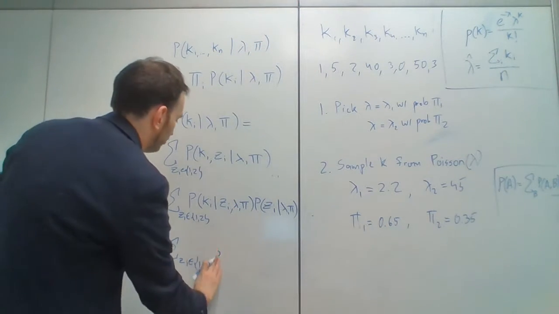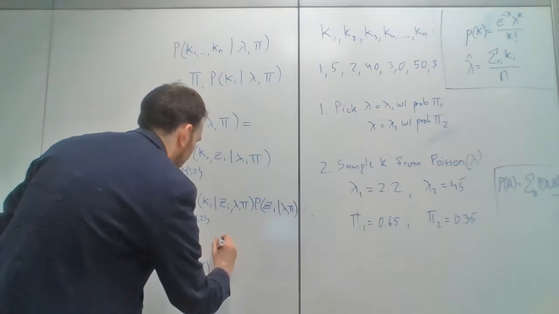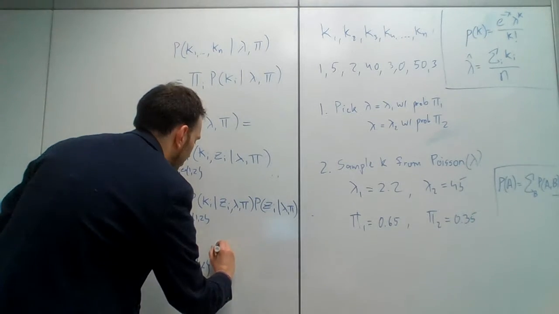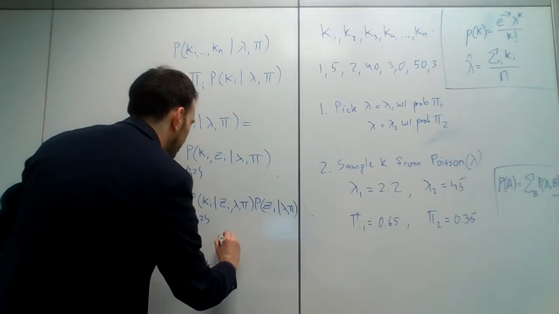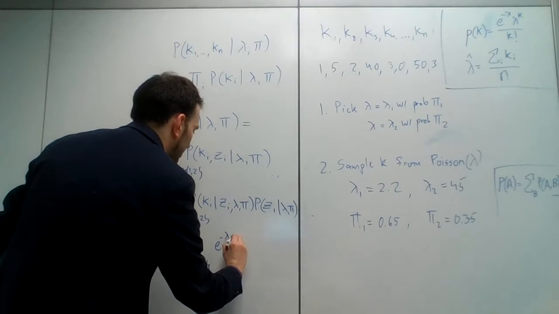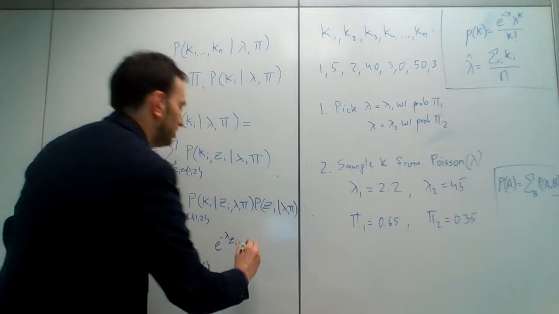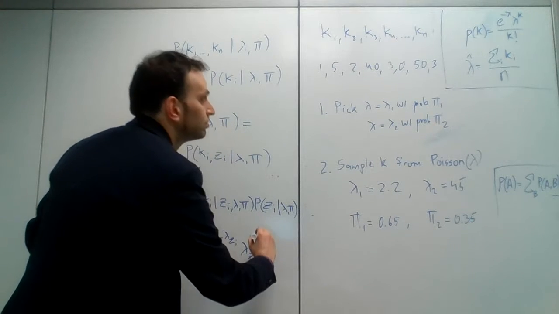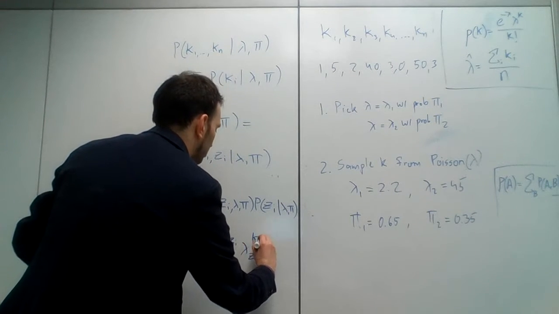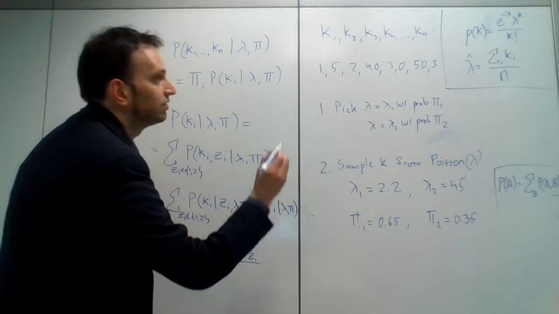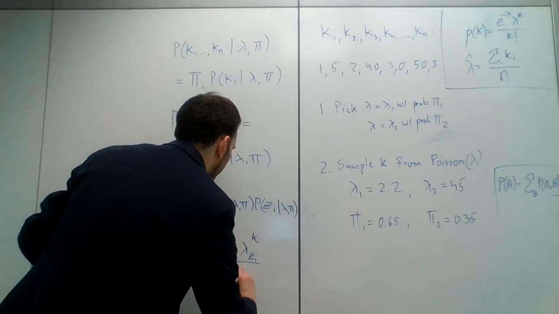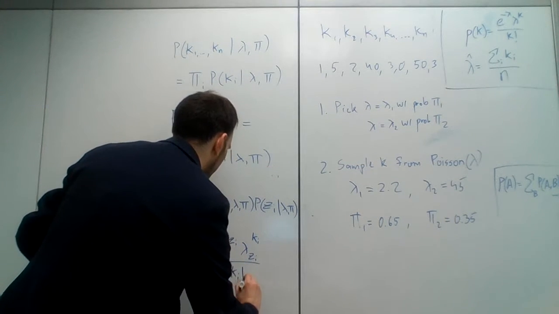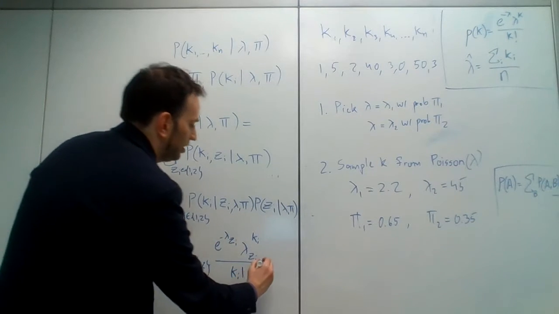Let's just write the probability mass function. This is going to be e to the minus lambda zi, times lambda zi to the ki, divided by ki factorial. This is this.